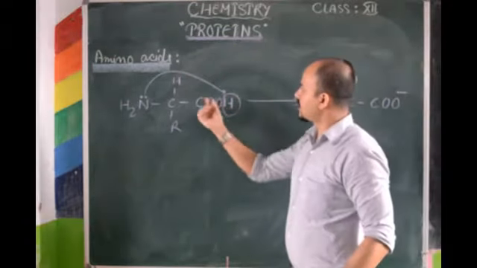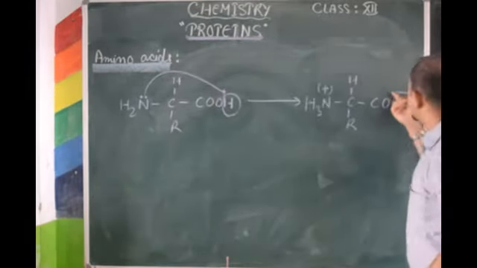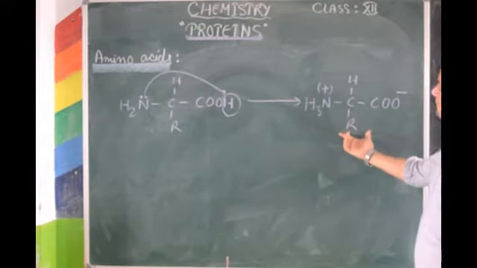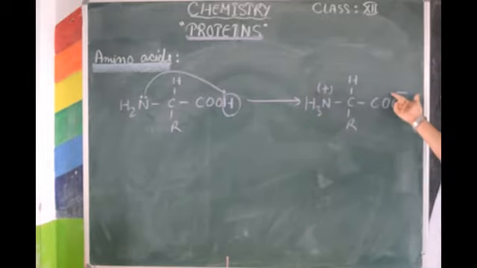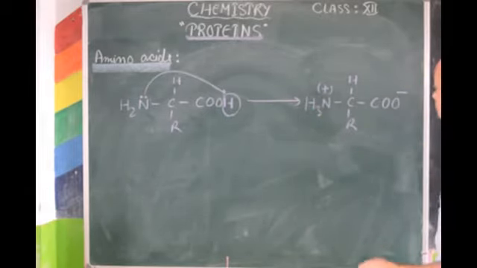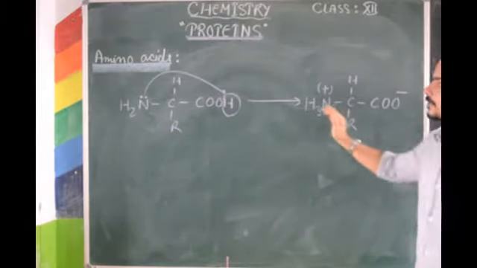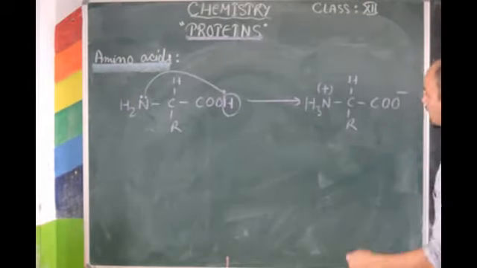As the proton is abstracted, the bond breaks over oxygen, and as a result you have a negative charge. So in solution, the amino acid has a positive charge as well as a negative charge. Therefore, it is known as the dipolar nature of amino acids, and this structure is known as the Zwitter ion.